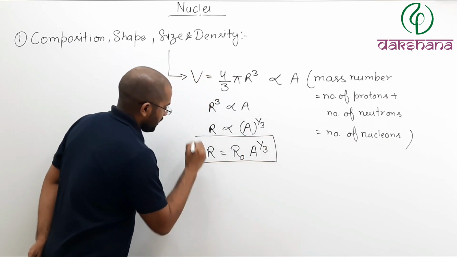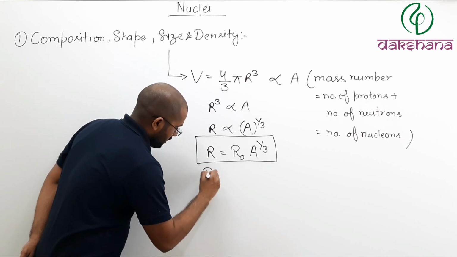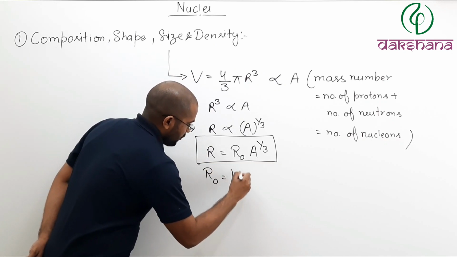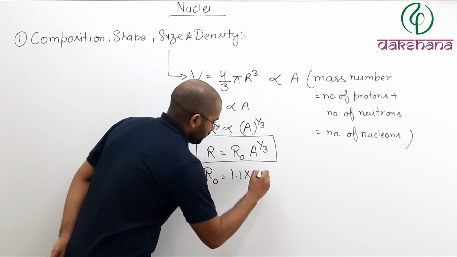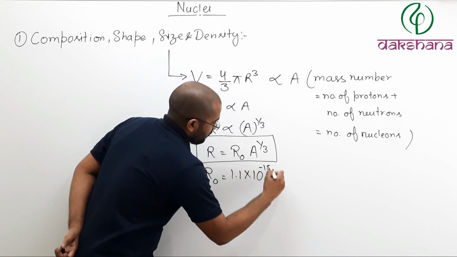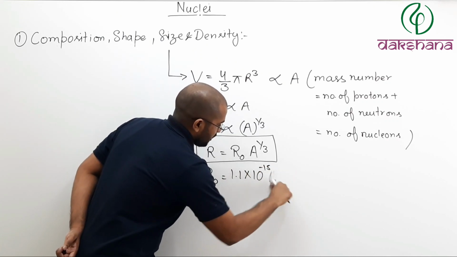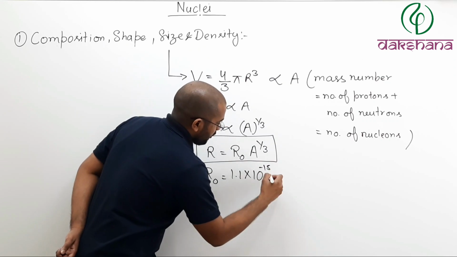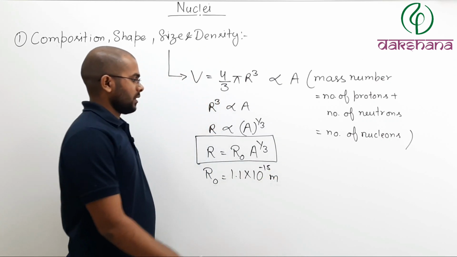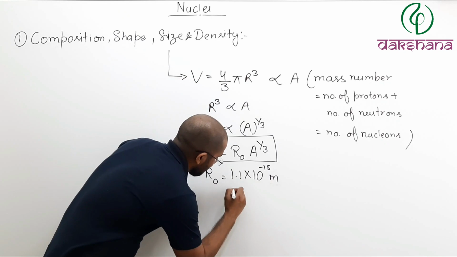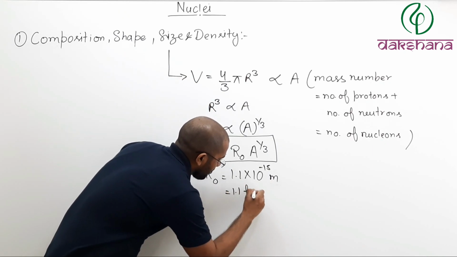What is that constant? R naught is 1.1 into 10 to the power minus 15 meter, or you can also write it as 1.1 Fermi.